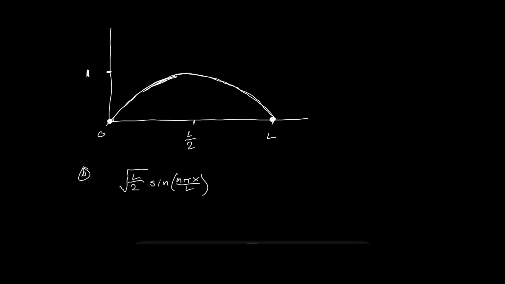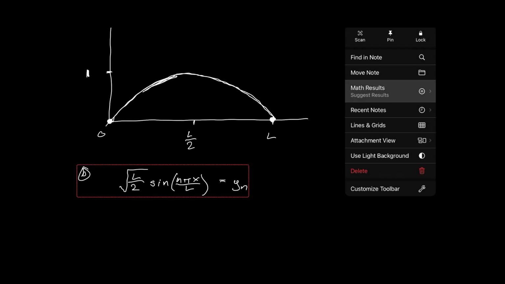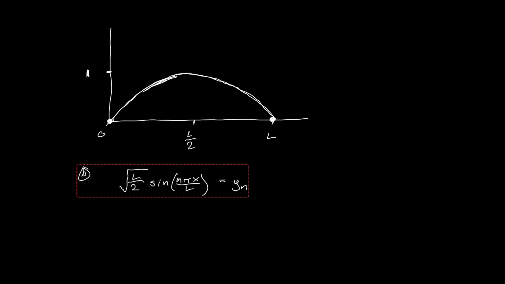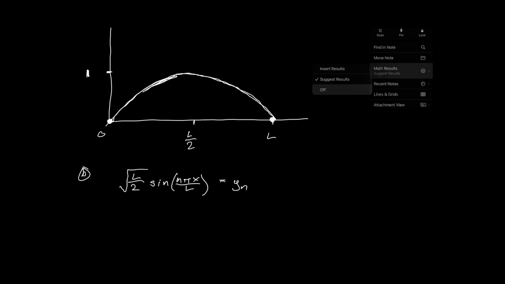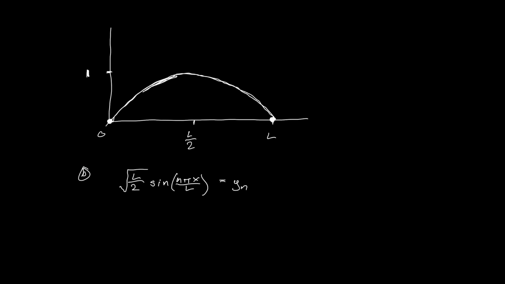There are a couple of reasons for this. It's because it's an orthonormal function. It satisfies this phi, or whatever you want to call it, or we'll call it y sub n because that's what we were calling it in class. So this is our y sub n.